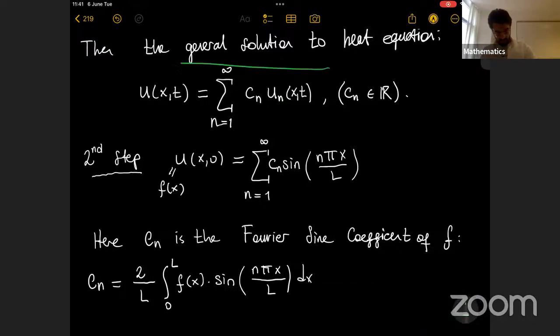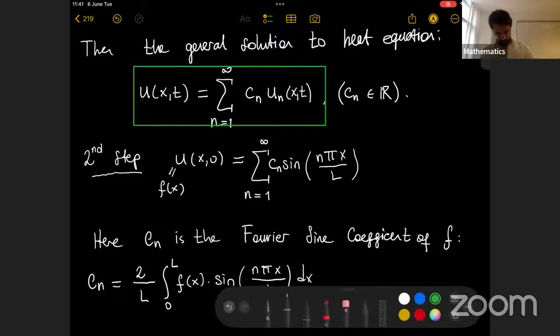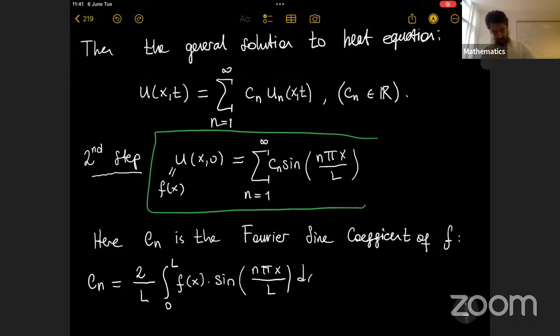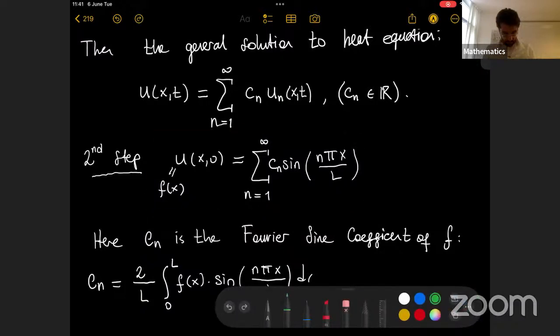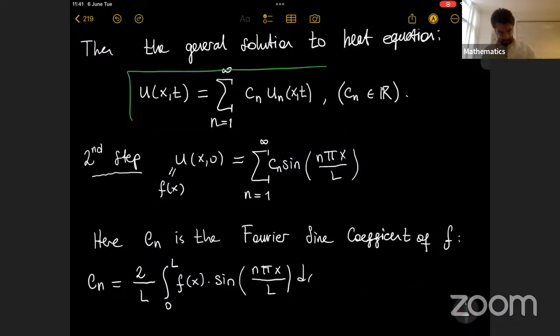Okay, so we get the general solution by this. Here is the general solution. Maybe not this one, sorry. This is better. No, not this, sorry, the first one was right. This one.